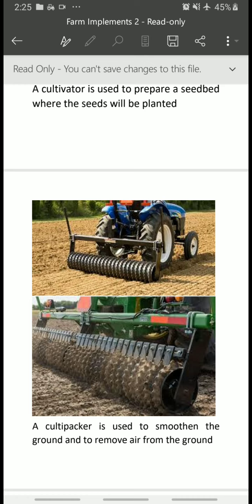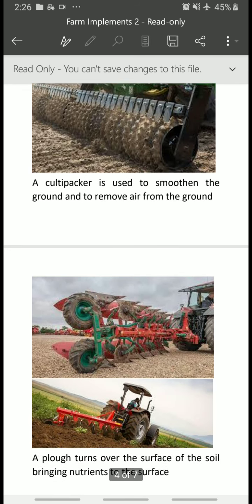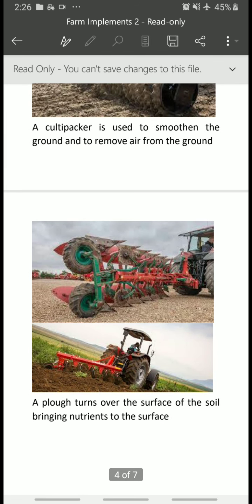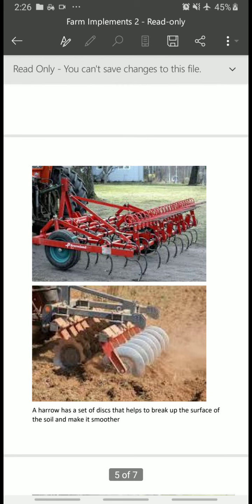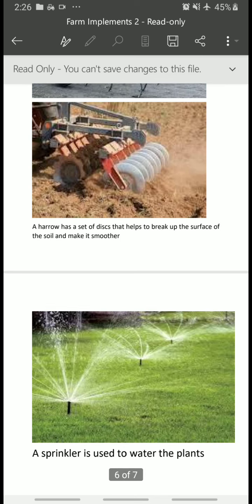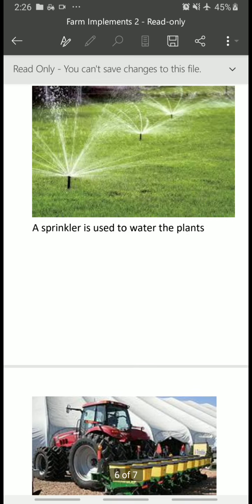The ones that will pass through the harrow will not pass through the cultipacker. And the plow turns over the soil so that the nutrients can come up, and see the harrow at work, breaking the hard ones. The water sprinkler is to water the plants.